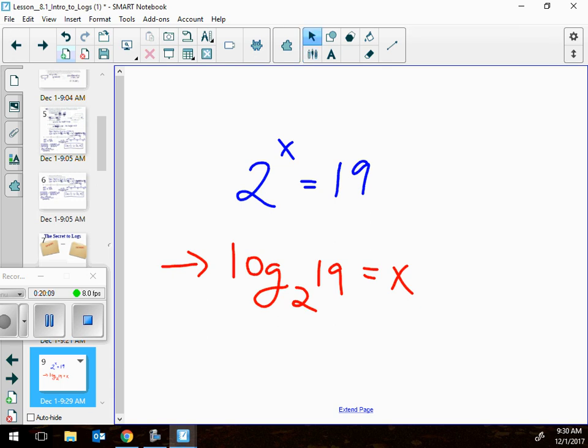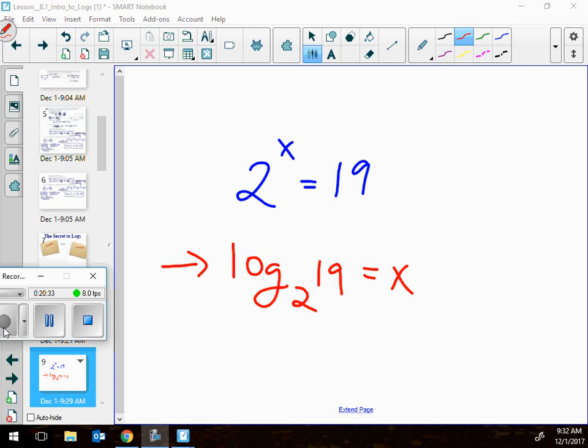All right, I'm going to pause for a second. Okay, let's see if anybody wrote it out exactly right. You should have said log base 2 of 19 is x. Equals is also okay. How many of you had it exactly right?